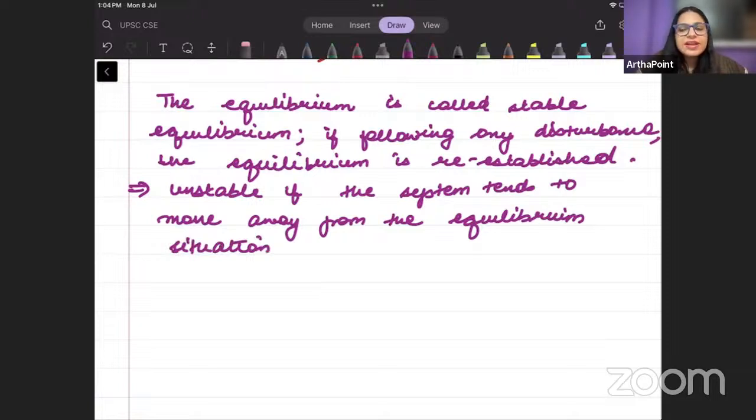So when I was away from equilibrium, when there was a disturbance in my economy, whenever there was any disturbance, if I could not re-establish that equilibrium, I could not come back to that equilibrium, right? Then it will be unstable in nature. So it will be stable in nature if I am able to re-establish the equilibrium. It will be unstable in nature if I am not able to re-establish the equilibrium.